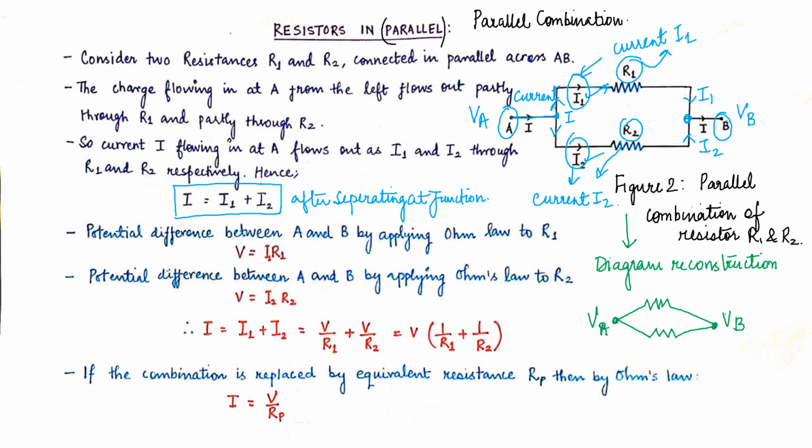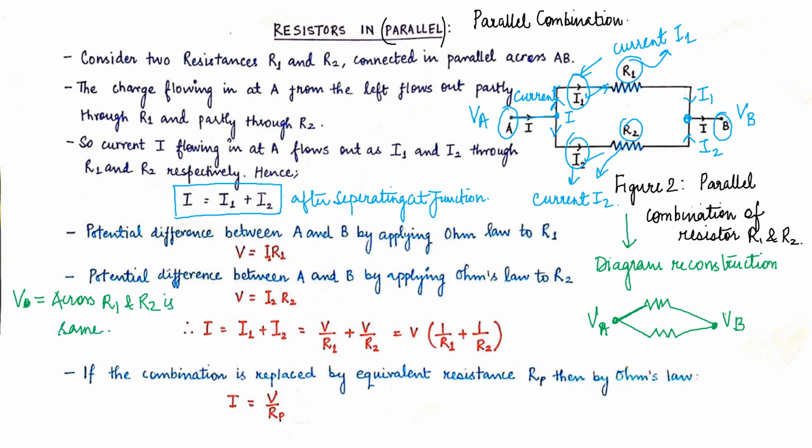So what it is saying is that the potential difference across both the resistors in the parallel combination is the same. I'll write over here: V across R1 and R2 is the same.